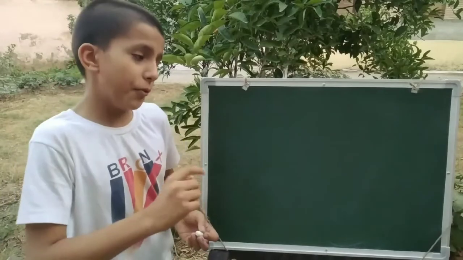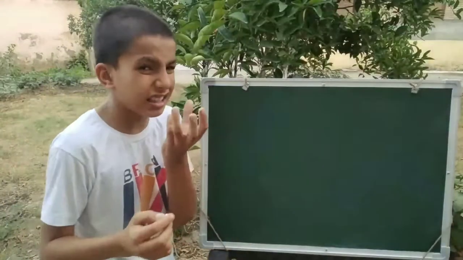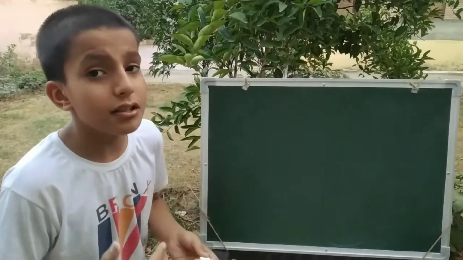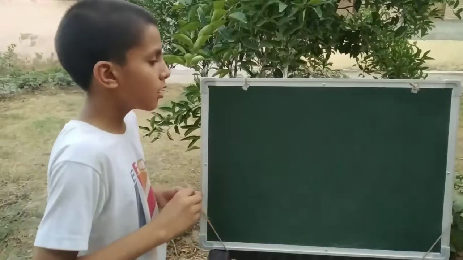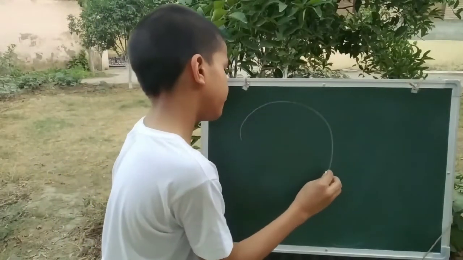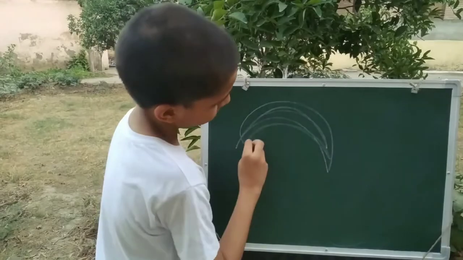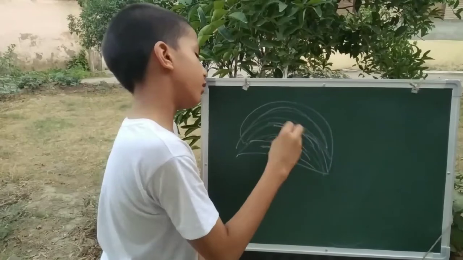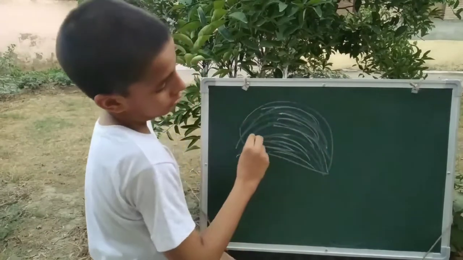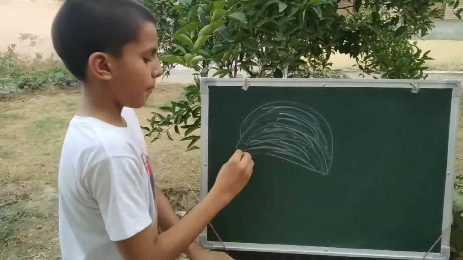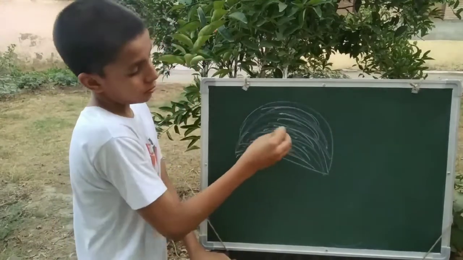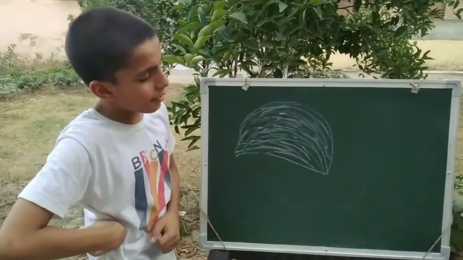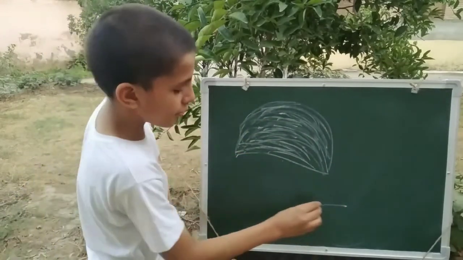Now we find how the smell changes. There's a change in the smell of any substance, so it tells us that it is a base or an acid. For example, we have onion. This is our onion, and I have cut it in a slice.